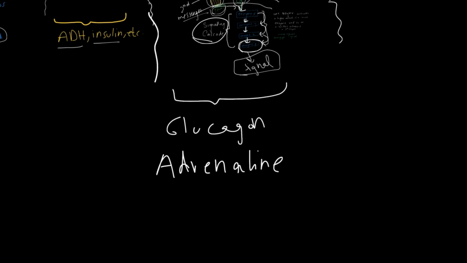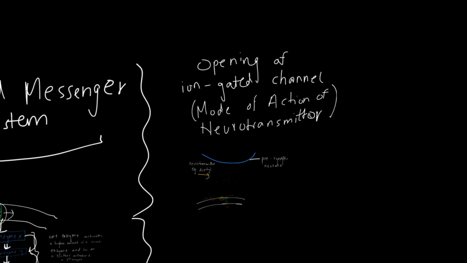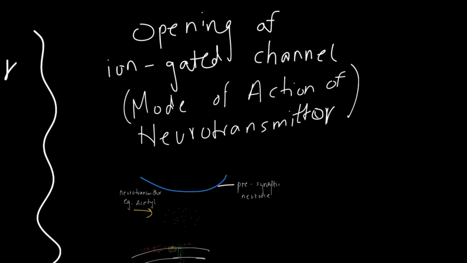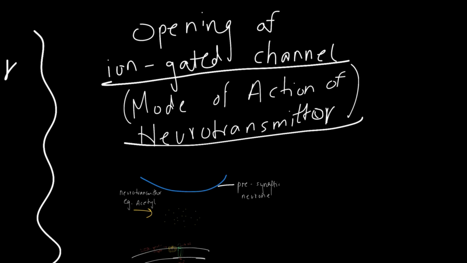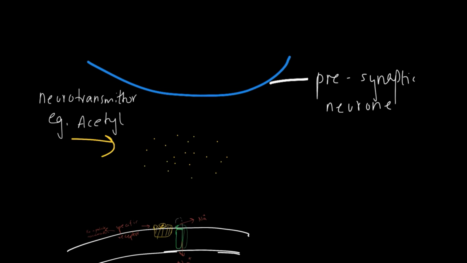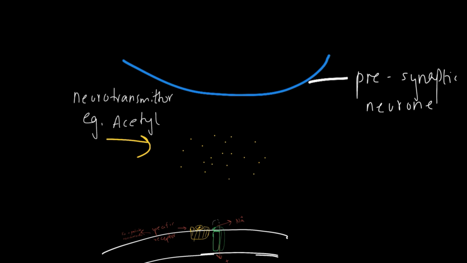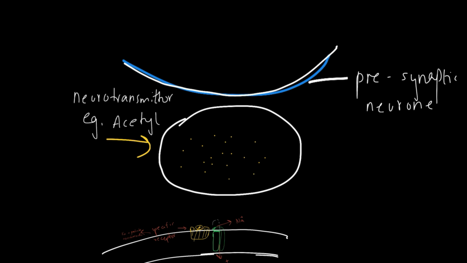So the last thing we're going to do right now is how the opening of the ion gated channel is usually done through the mode of action of neurotransmitters. So for example, this is a neuron, a presynaptic neuron, and a neurotransmitter is released which is called acetyl.